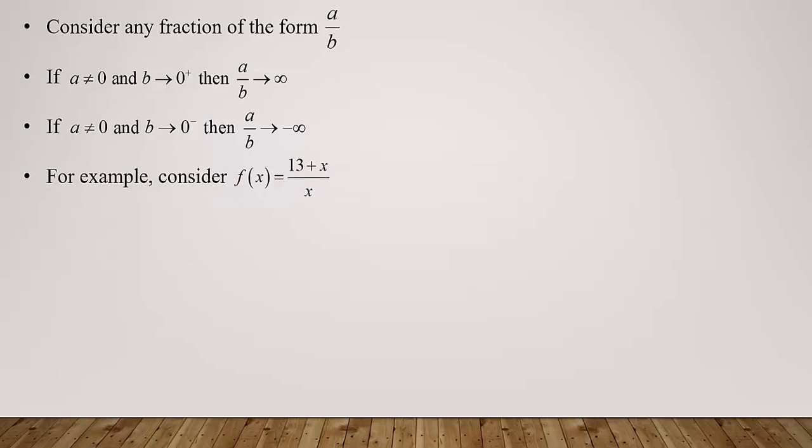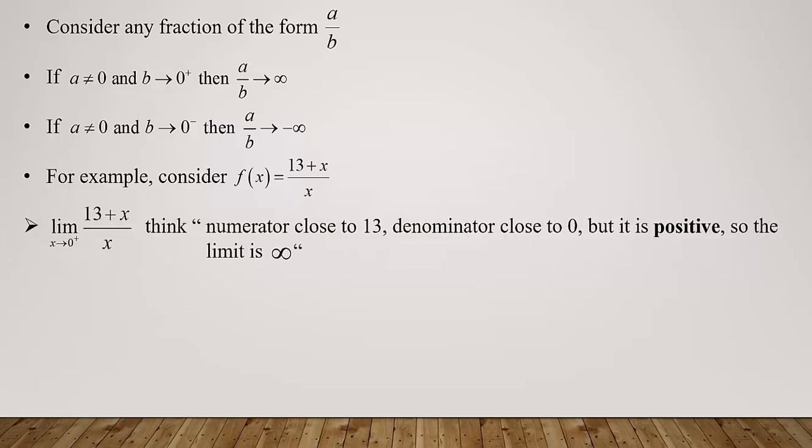is how we can analyze a function, say, like f of x equals (13 plus x) over x. If we're asked to determine the limit as x approaches 0 of (13 plus x) over x, just analyze this. For an x value close to 0, from the right side of 0, the numerator is close to 13.